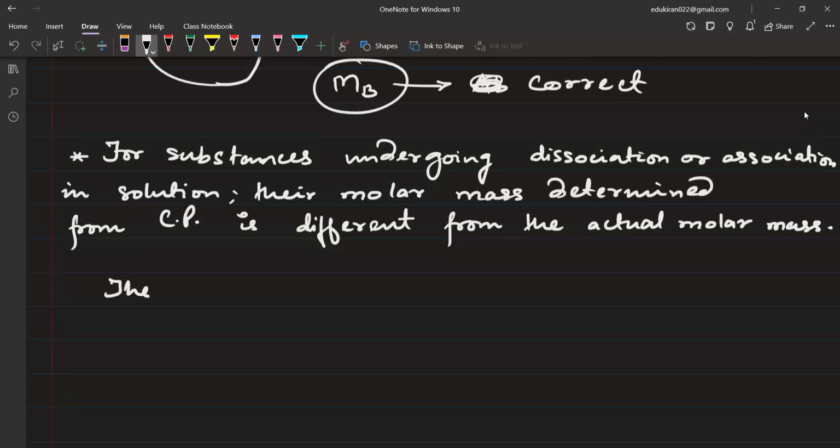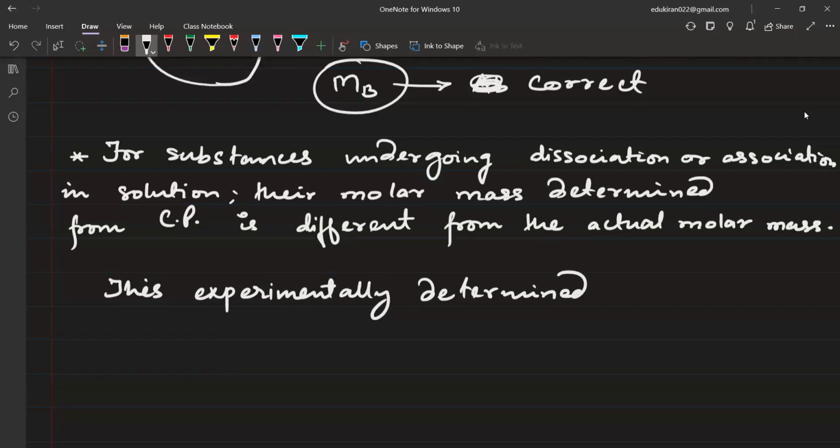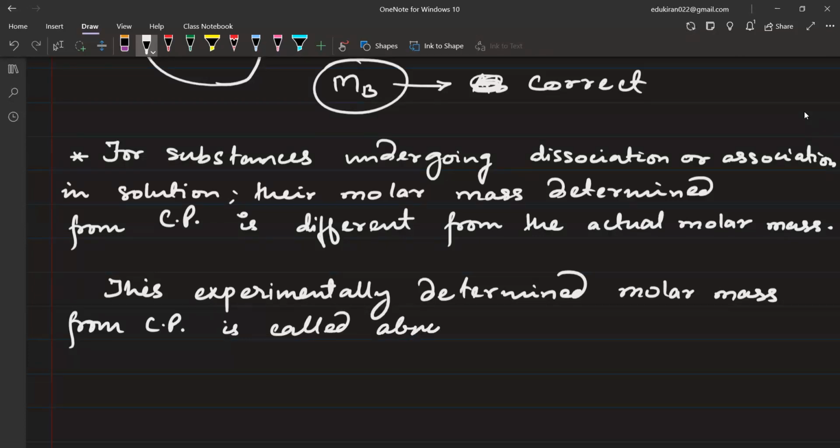This experimentally determined molar mass from colligative property is called abnormal molar mass. Abnormal molar mass.